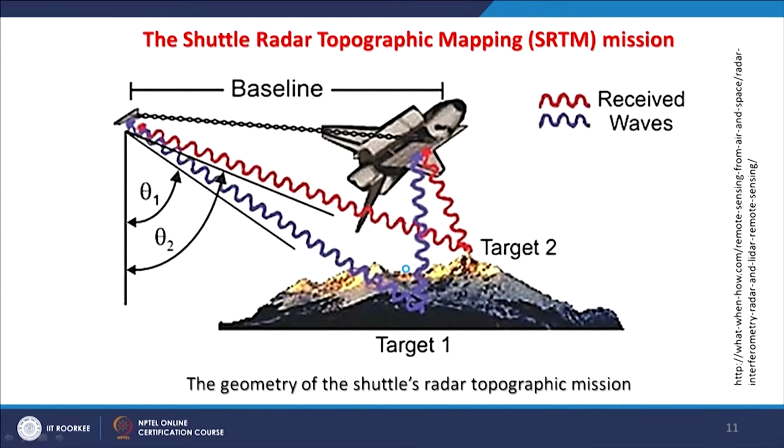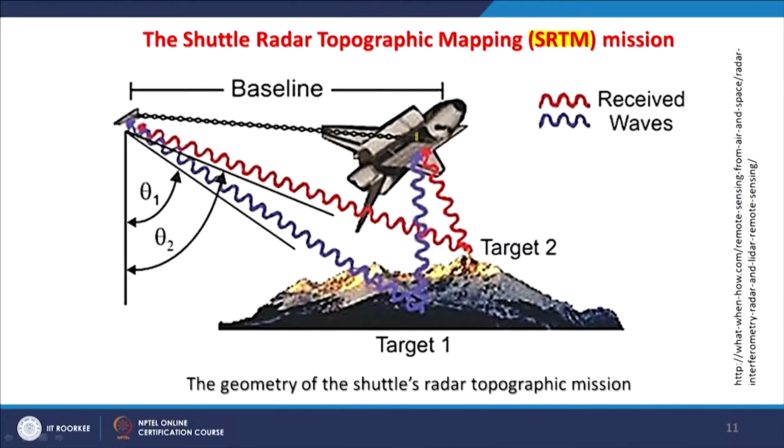We have mentioned many times, or discussed, this SRTM, that is Shuttle Radar Topographic Mission. It was a mission, not a regular satellite, and the very innovative part was the baseline. The baseline is a big issue in SAR interferometry. So they had a 60 feet shaft which allowed them to create a baseline.